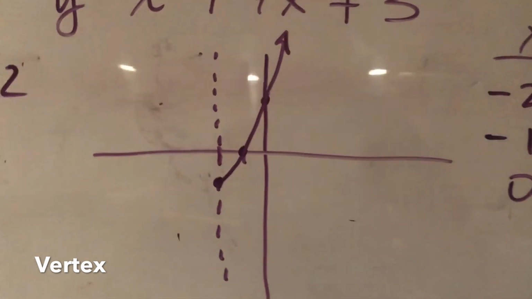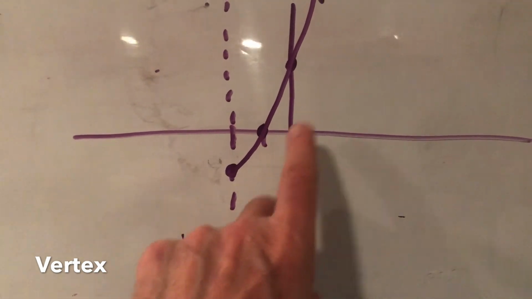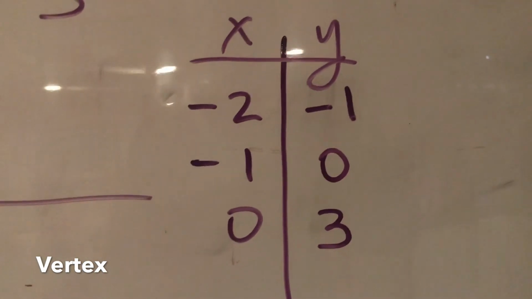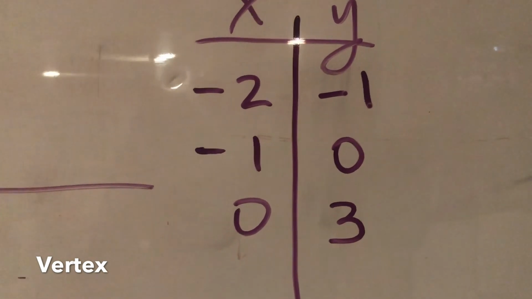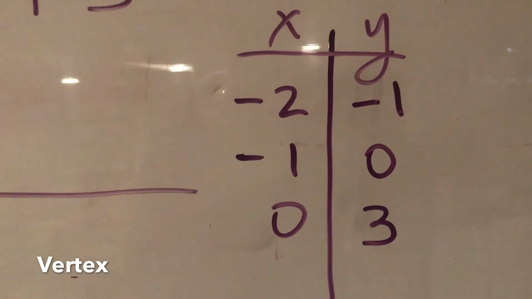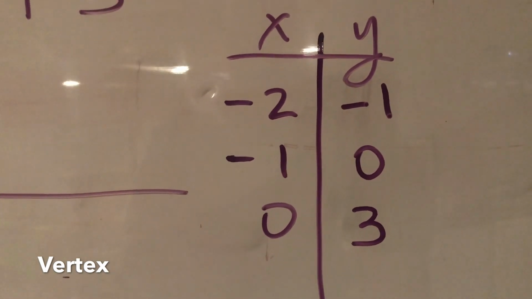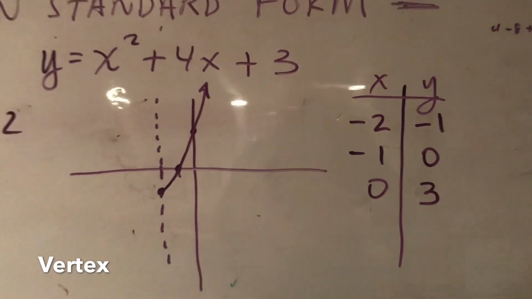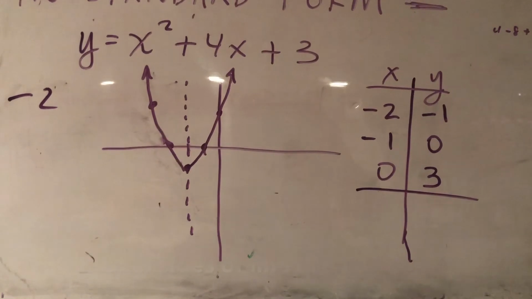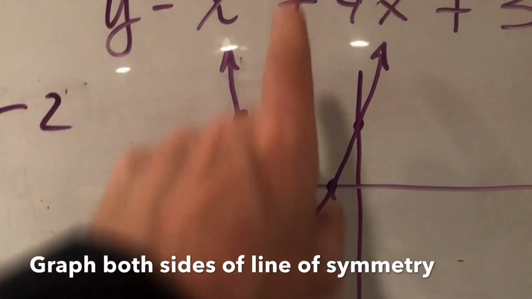Now we want to pick 2 more points close to the vertex. So we pick negative 1 and we pick 0, and we plug them into the equation. Negative 1 squared minus 4 plus 3 is 0. And then we put 0 into the equation, and we get 3. Now, you could plot points on the other side just by using the line of symmetry.